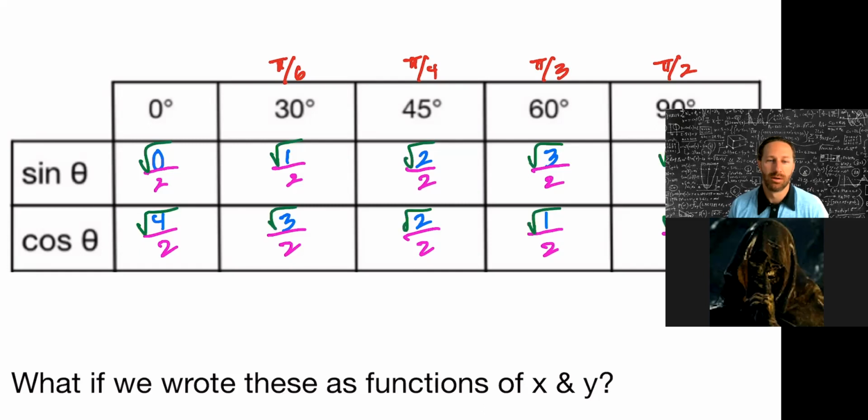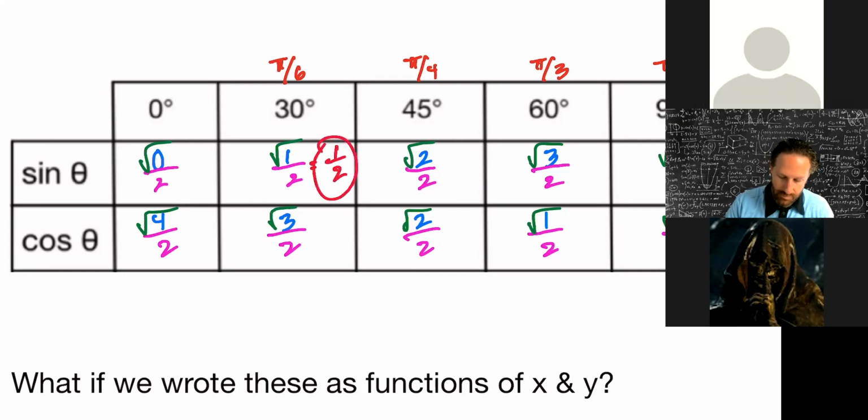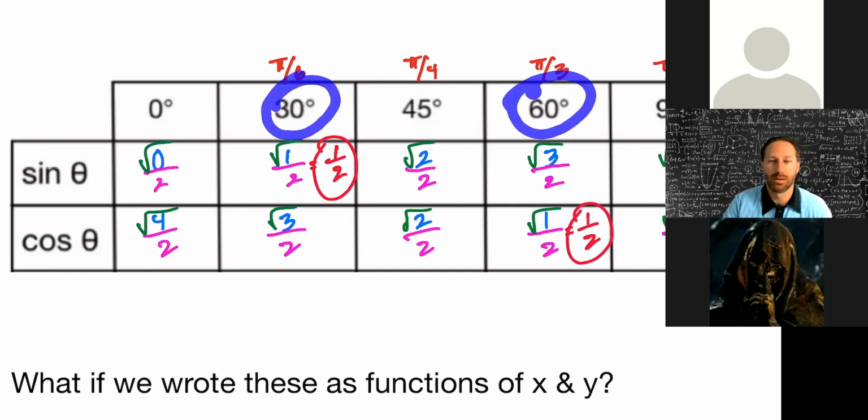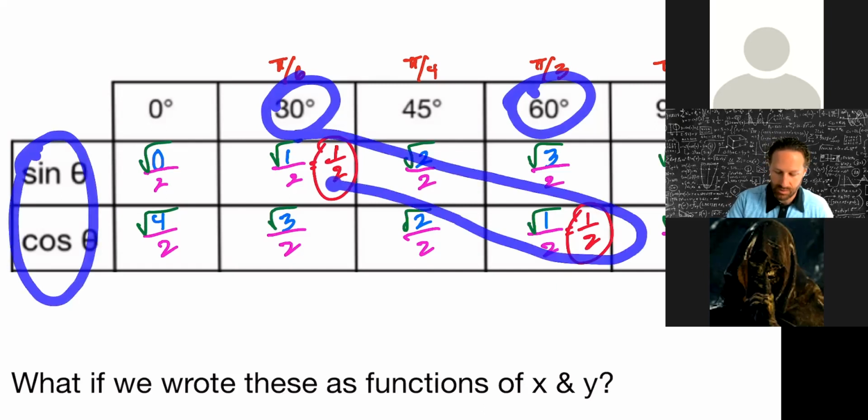We should know that the sine of 30 is what? 1/2. Good. And if we know the sine of 30 is 1/2, then we know the cosine of what is also 1/2? Cosine of 60. Very good, because remember, those are complementary angles, and these are complementary functions. That's when they're equivalent.